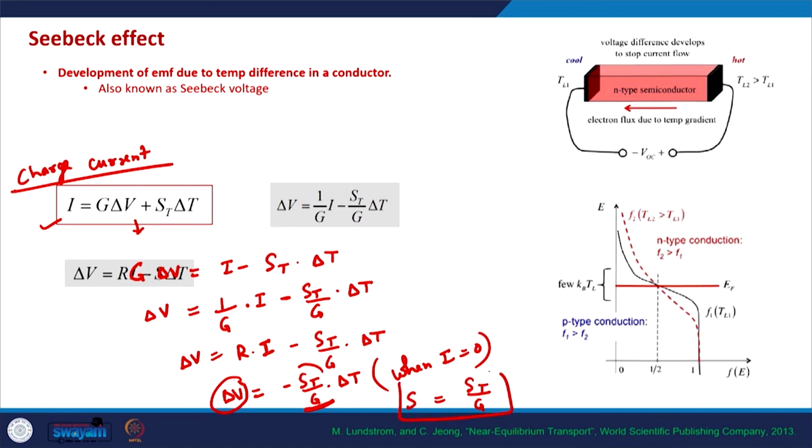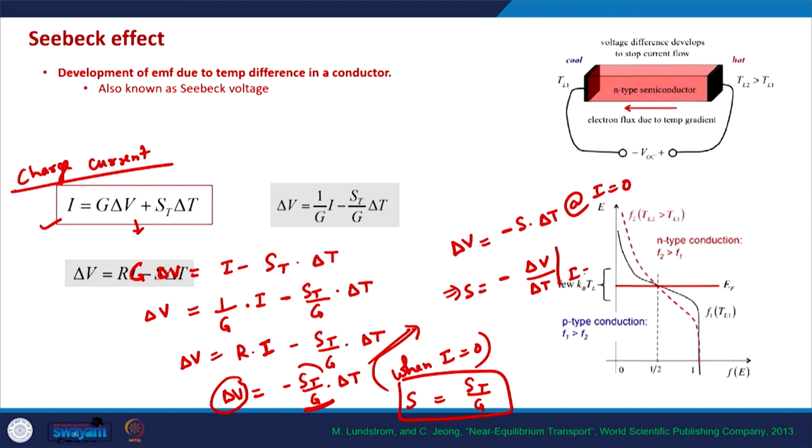So, what is the Seebeck coefficient? From this equation, delta V is equal to minus S times delta T at I equal to 0. So, S is minus delta V by delta T when the current is 0.